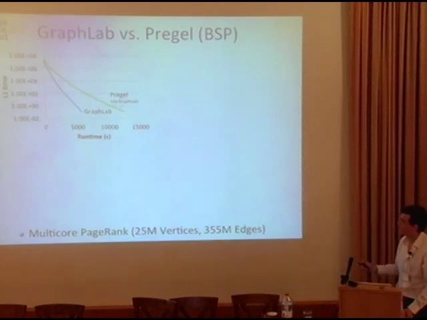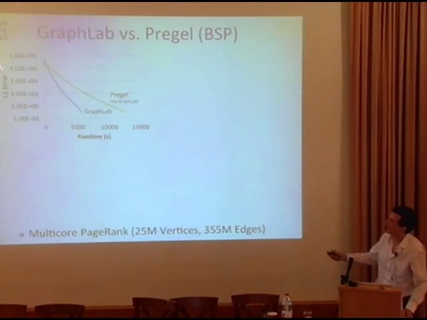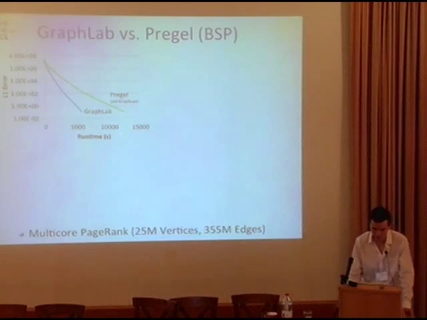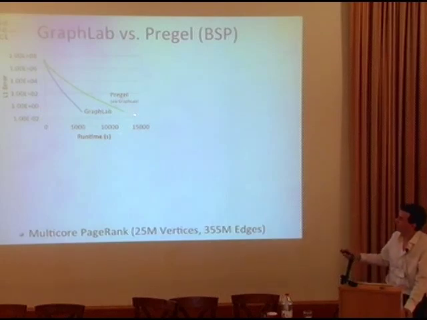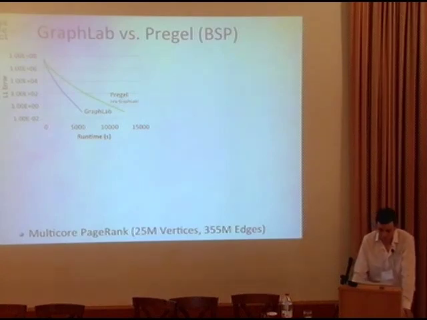And here I'm comparing GraphLab to Pregel, or bulk synchronous updates. As you increase running time and you measure the error in your PageRank estimation, you see that GraphLab converges significantly faster than Pregel or a bulk synchronous update.